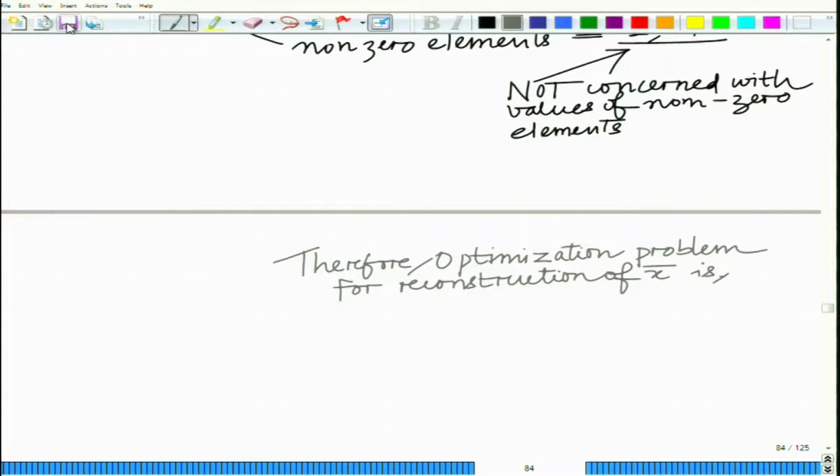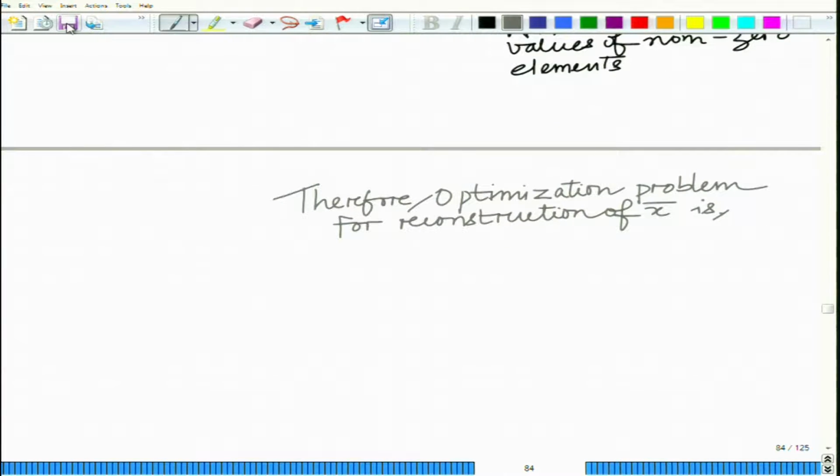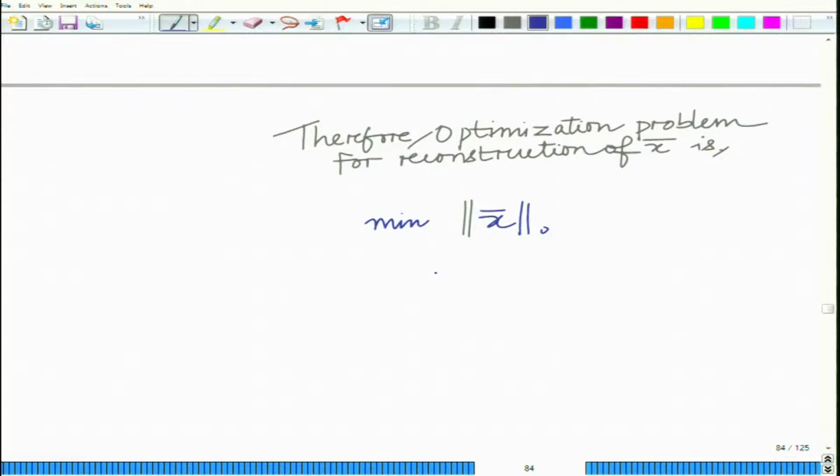Therefore, the optimization problem for reconstruction of x bar is the same thing that we talked about. We have the sensing model, and we want to minimize the L0 norm subject to the constraint that y bar equals phi times x bar.